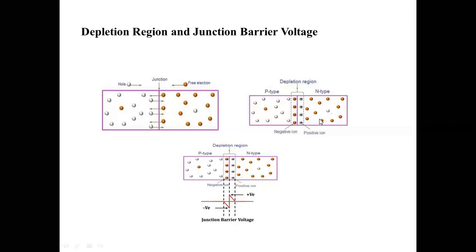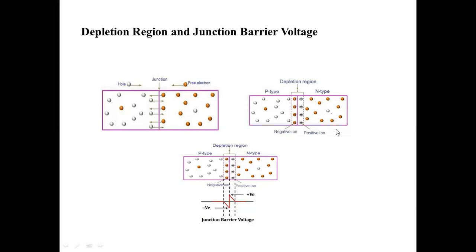Because of that, the depletion region is created. It creates a wall of depletion region, and it has a polarity because of the immobile charged ions deposited here, and that is the barrier potential. The barrier potential is created at the junction.